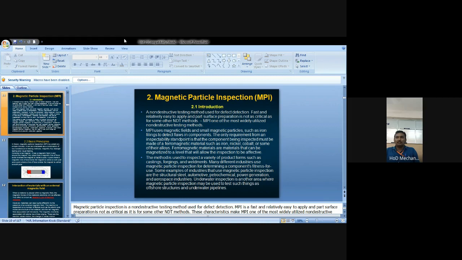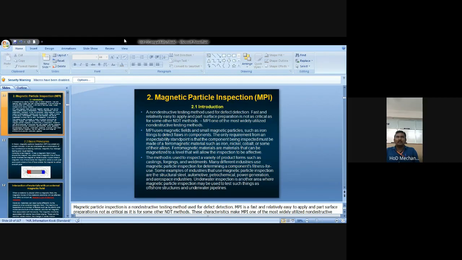you use magnetic particle inspection as an NDT method. And also, underwater inspection is another area where magnetic particle inspection may be used, to test such things as offshore structures and underwater pipelines.